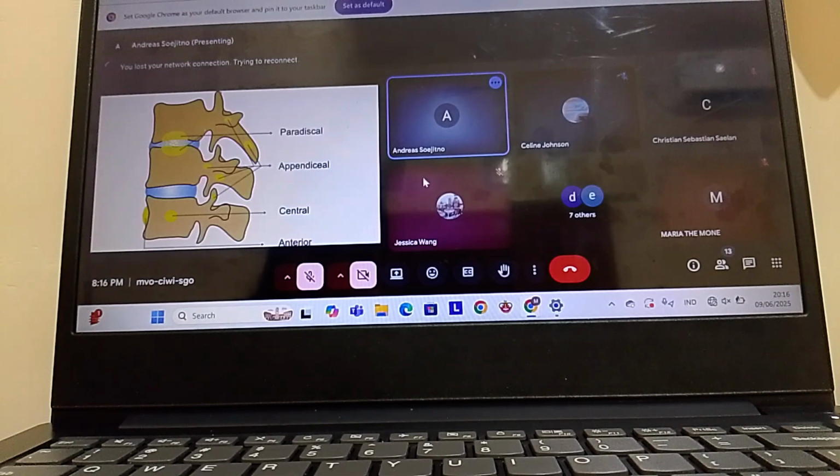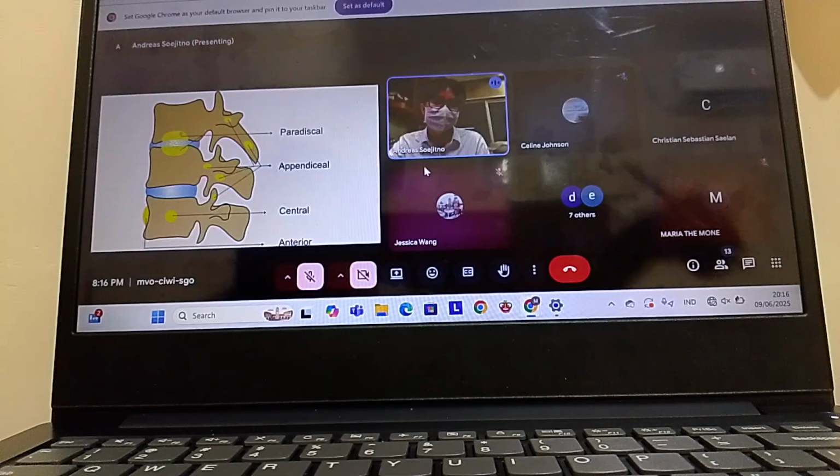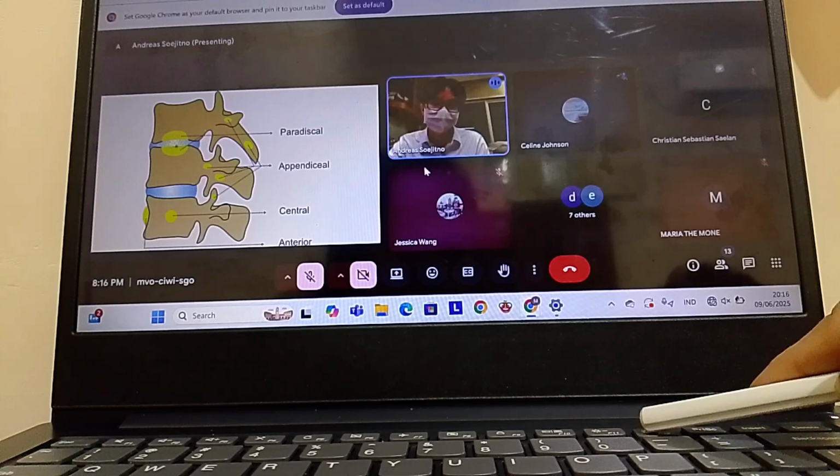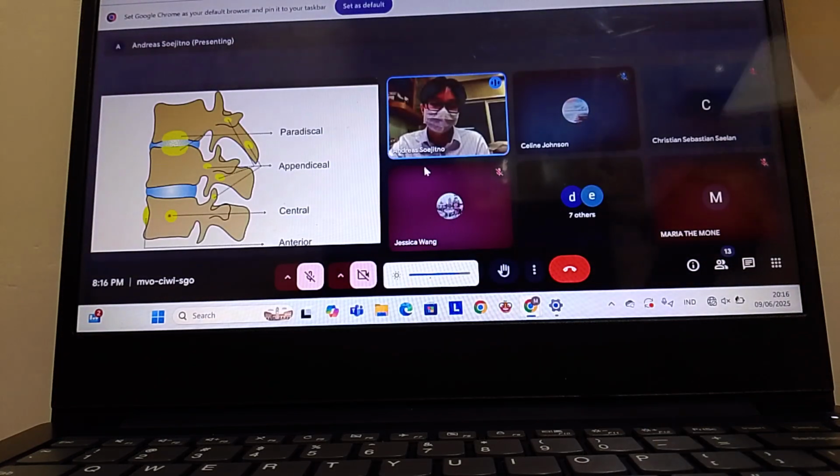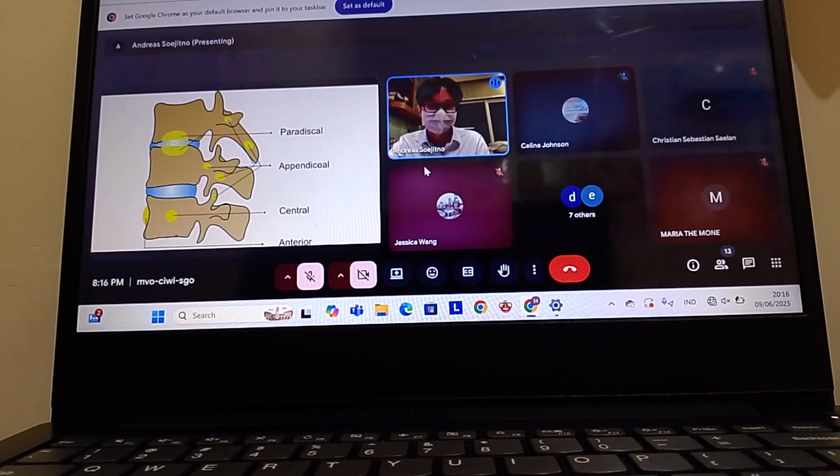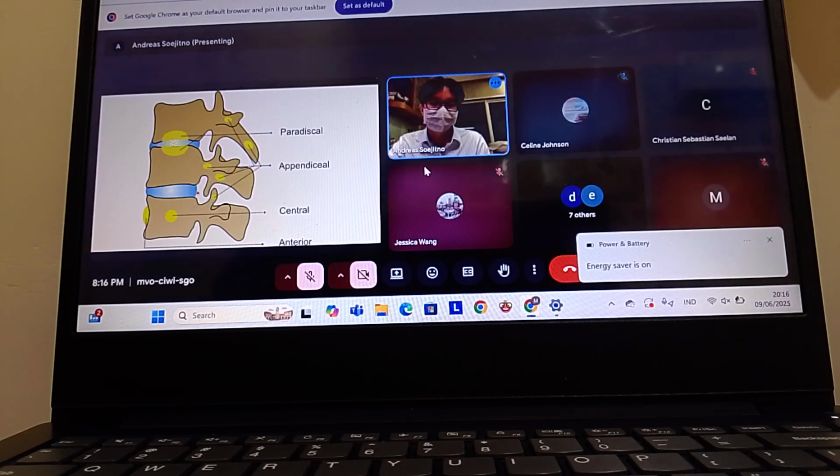Okay, so this is another description of the location. Peridiscal means around the disc. It can affect the bone and the disc predominantly. If it's central, it is predominantly located on the bone, the vertebra.